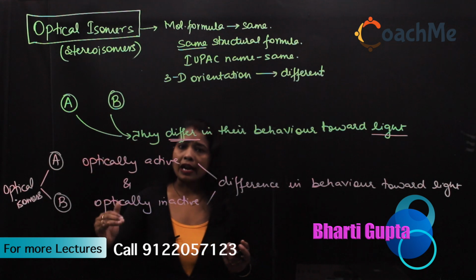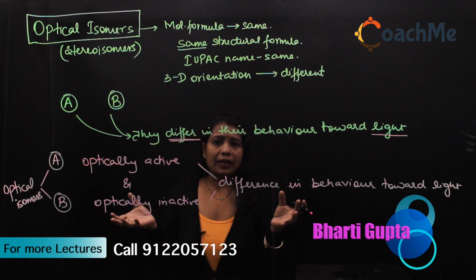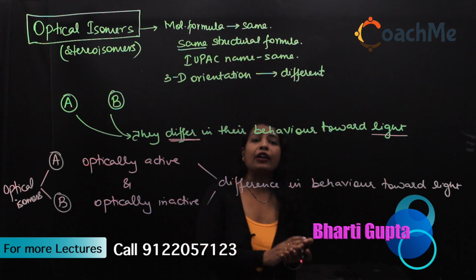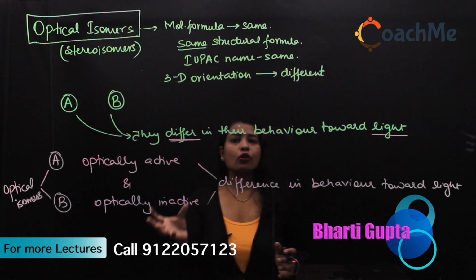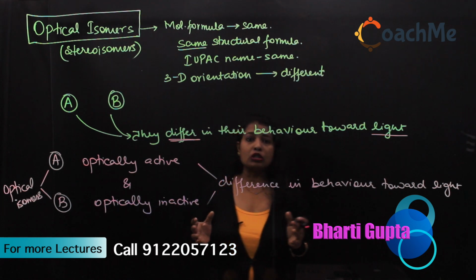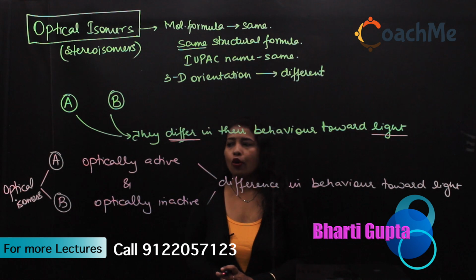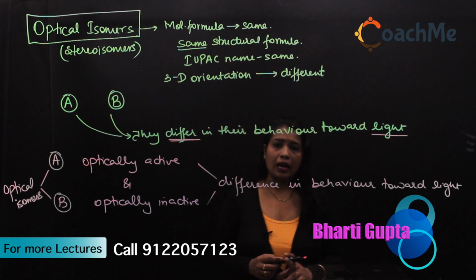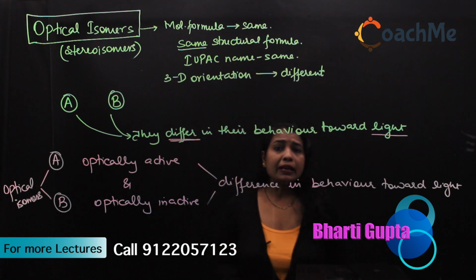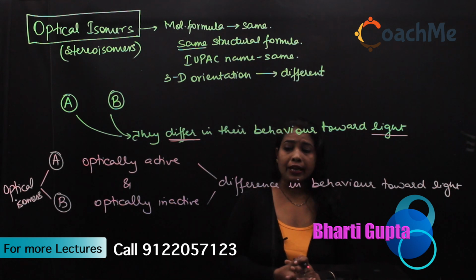One is active, one is inactive, or it might also happen that two compounds are both optically active but affect the light in different ways. If they have the same molecular formula and same structure, they will also be called optical isomers.